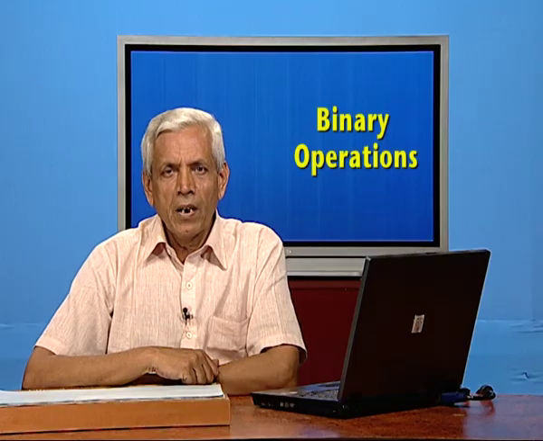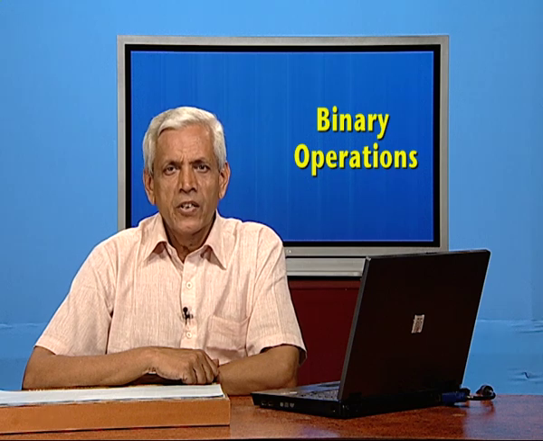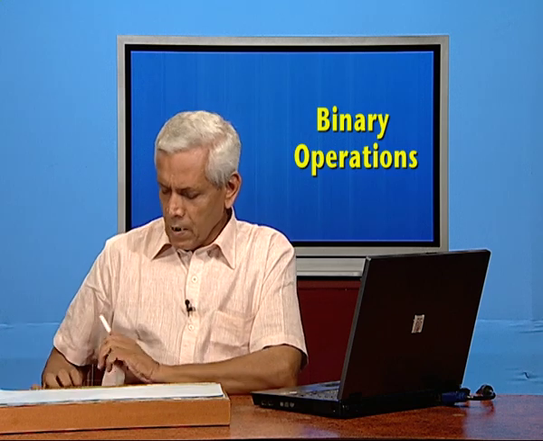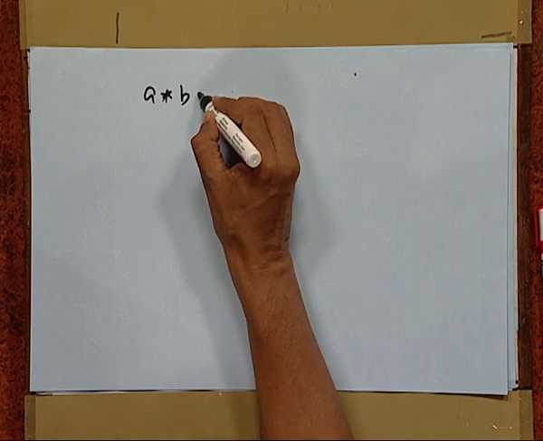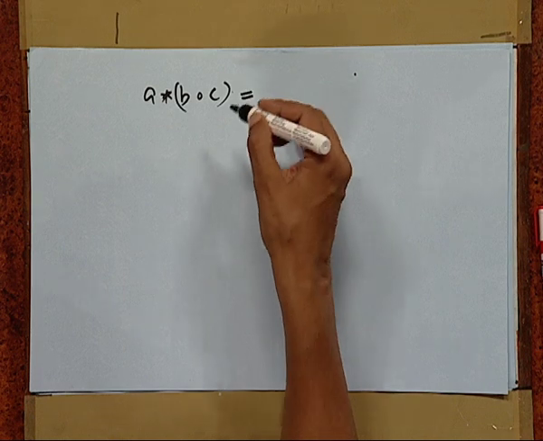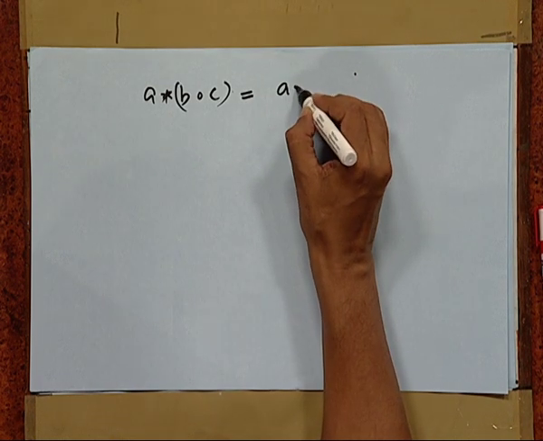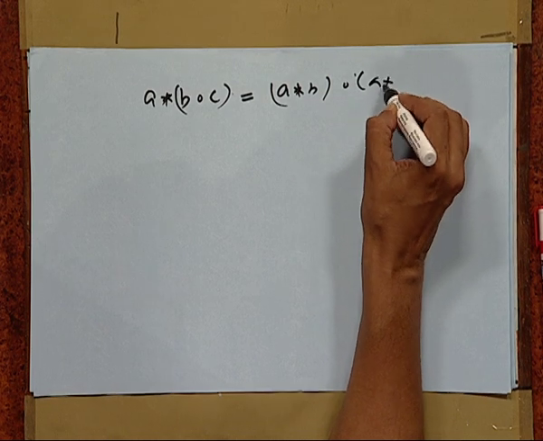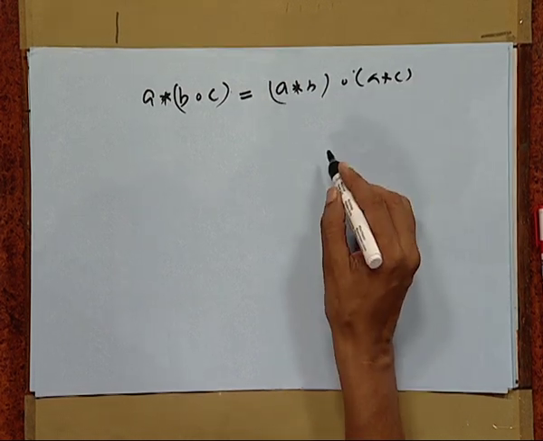For the last part, we have to show that star is distributive over O. For this, we have like this: A star (B O C) is equal to (A star B) O (A star C). This we have to show.